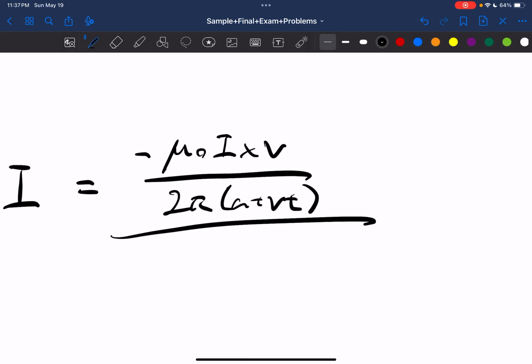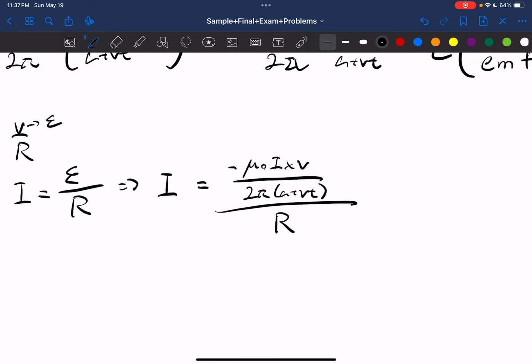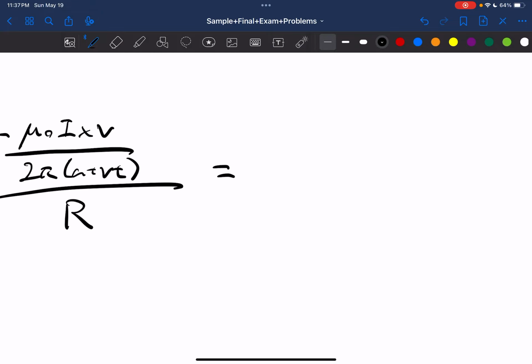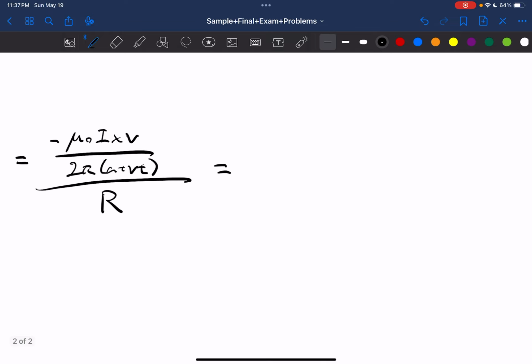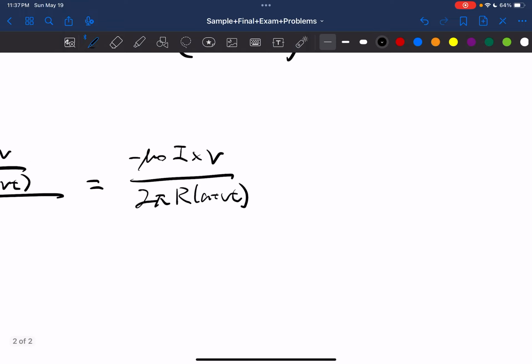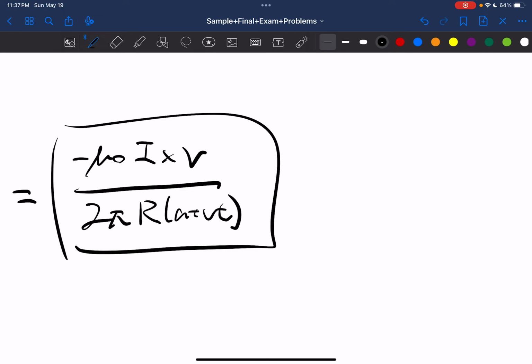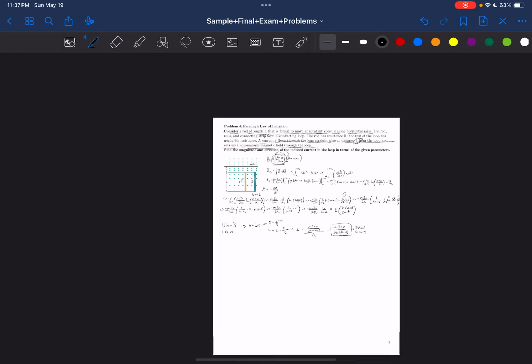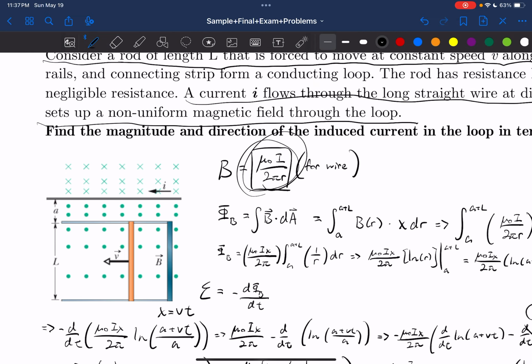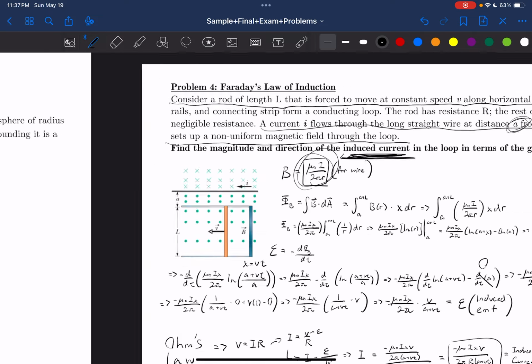Now that's going to be over the resistance R, and that will simply turn into mu naught Ix v over 2 pi R (a plus vt). All right, now there you have it. This is the induced current. Now we have one answer down that they're asking for: the induced current.